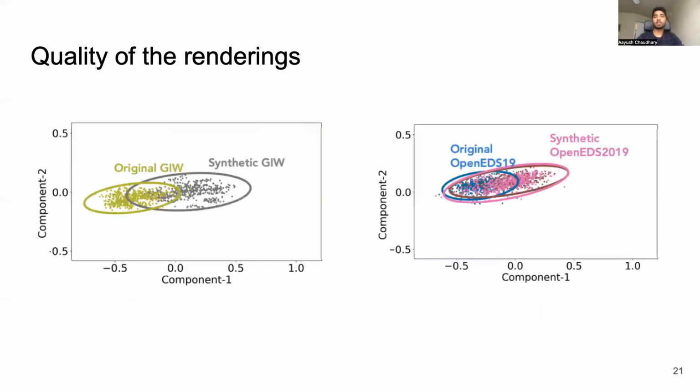On this note, I want to highlight the two datasets of our interest. The original Gaze-in-Wild is similar to the synthetic Gaze-in-Wild, and OpenEDS is similar to the synthetic OpenEDS. But there is still a domain gap, and techniques like image translation and mixing real and synthetic datasets seem to be a good solution for training machine learning algorithms.